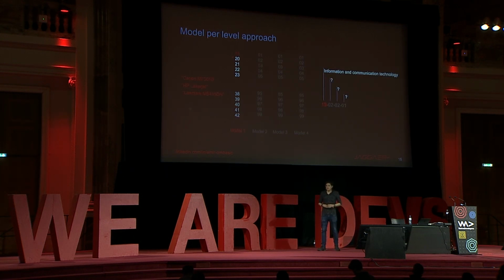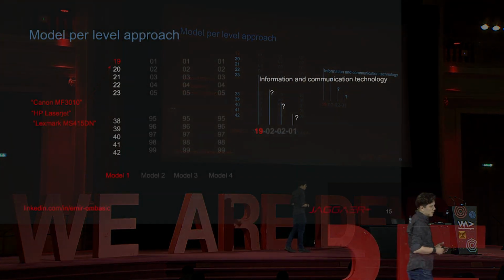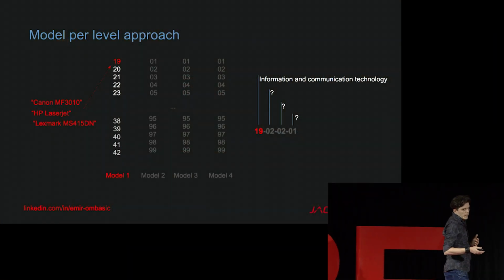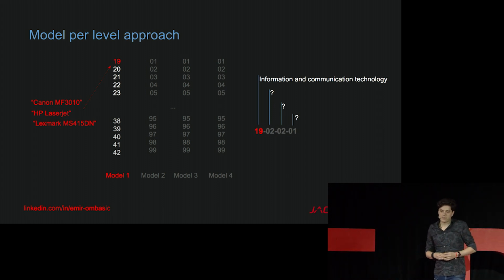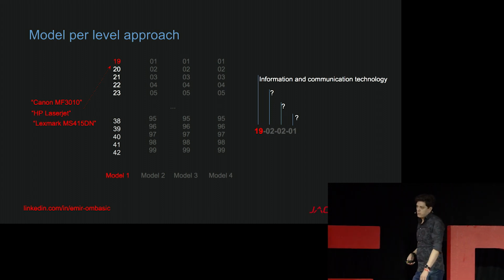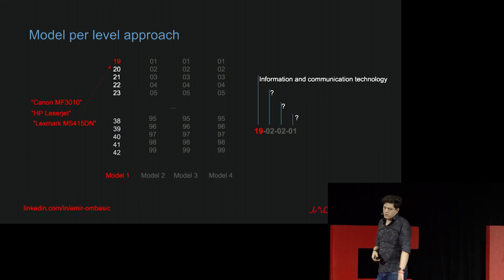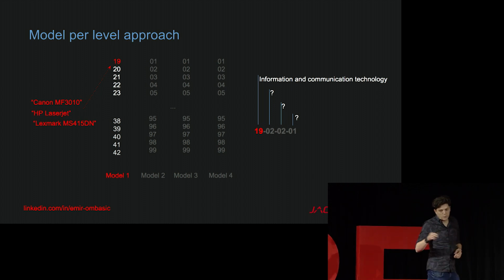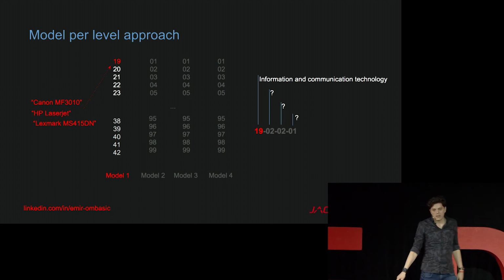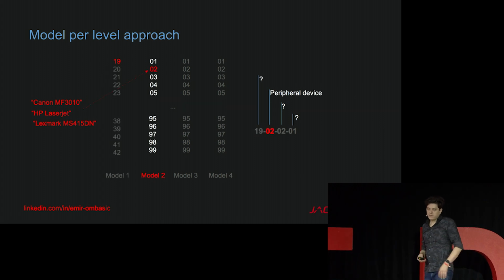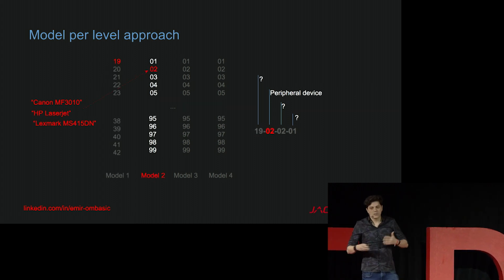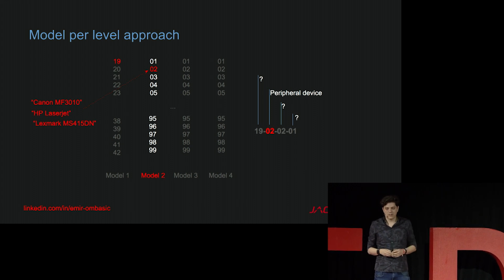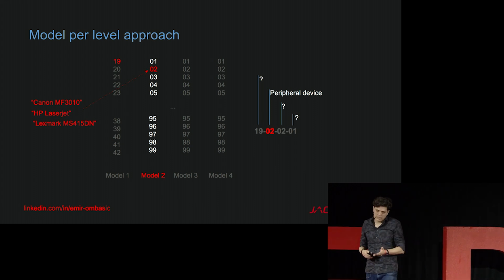So I decided, okay, let's do divide and conquer. I was thinking, maybe I can build 4 different models, whereby every one of these 4 models is in charge of predicting one part of the category. So the first model would get the tokenized string and predict the first category, and then separately we send it to the second model, and this one will try to predict the second category, so the next level.